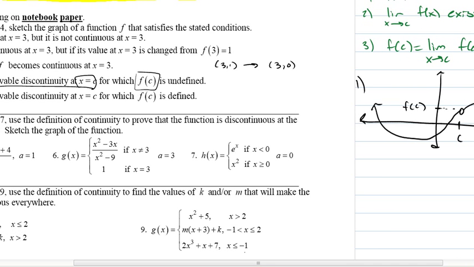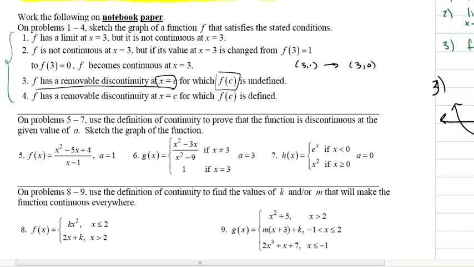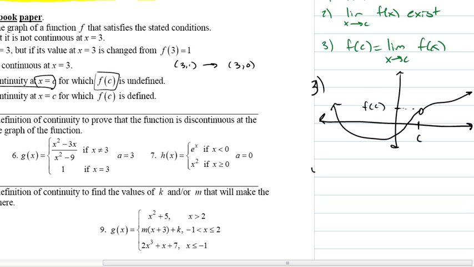Example number 4. So that was number 3. We can do number 4. F has a removable discontinuity at x equals c, for which f of c is defined. So we have the same example as number 3, except now it's a removable discontinuity where it is defined at c.